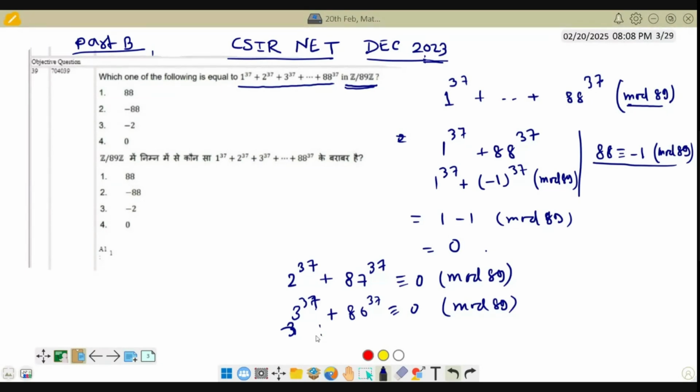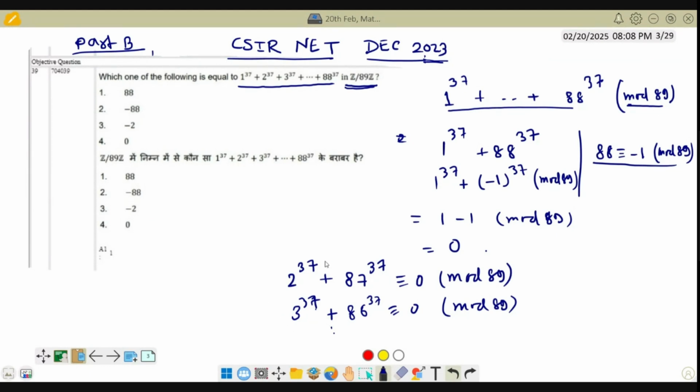In a similar way, what will be the last term in this direction? There are 88 terms in total. What will be the last term then? Please try to interact.